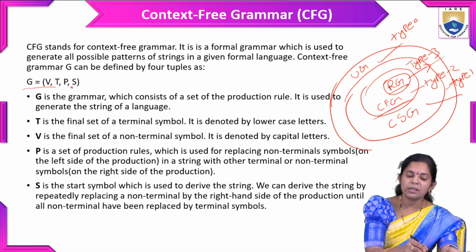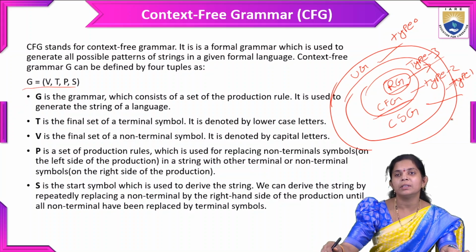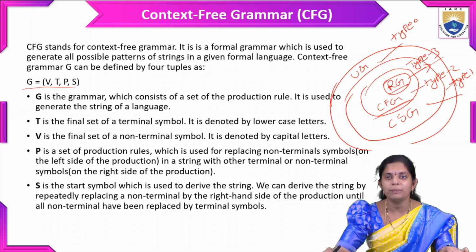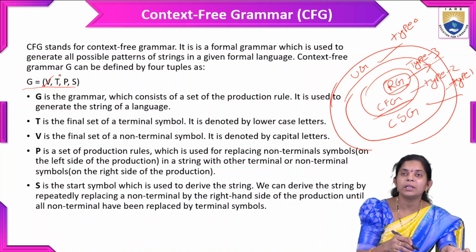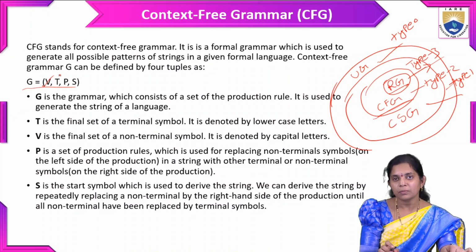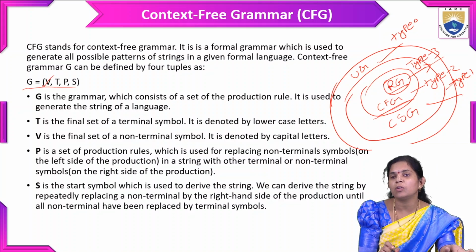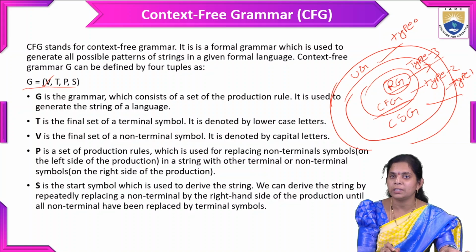Coming to the general notation of every grammar, G is represented with a 4-tuple notation. In this, V is nothing but the non-terminals. In the transition diagram we require states, a finite number of states. Like that, here in the grammar, non-terminals are the set of states.